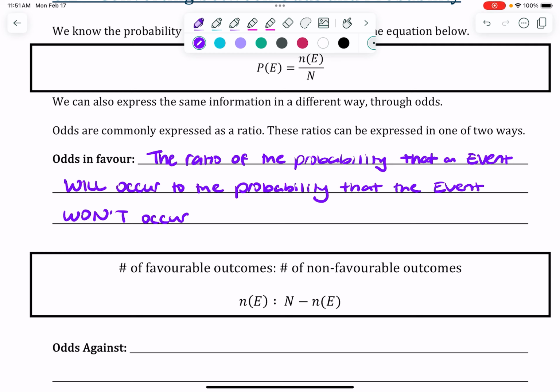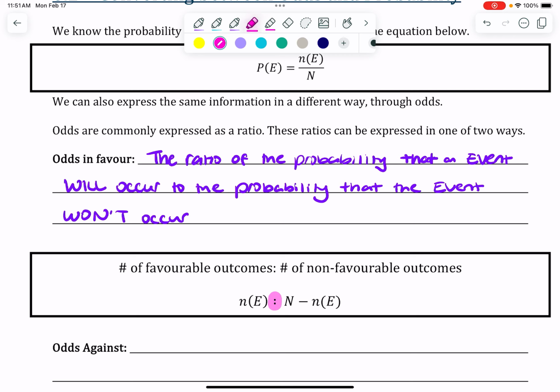Okay, so when we take a look at how we write down odds in favor, when we talk about ratios we always have this colon in between, and there's a number on the left of the colon and a number on the right.